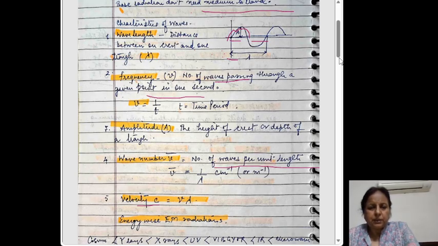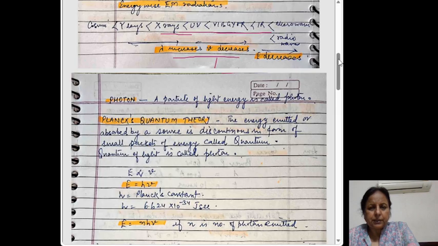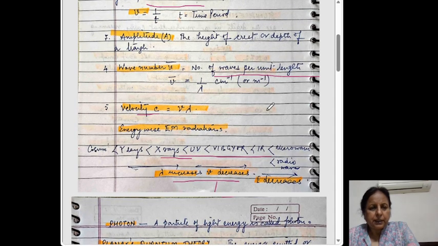Now comes electromagnetic radiations. Examples of electromagnetic radiations: cosmic rays, gamma rays, X-rays, UV rays, Vibgyor, which is the light rays, IR, microwaves, radio waves. Right? This Vibgyor is visible light.